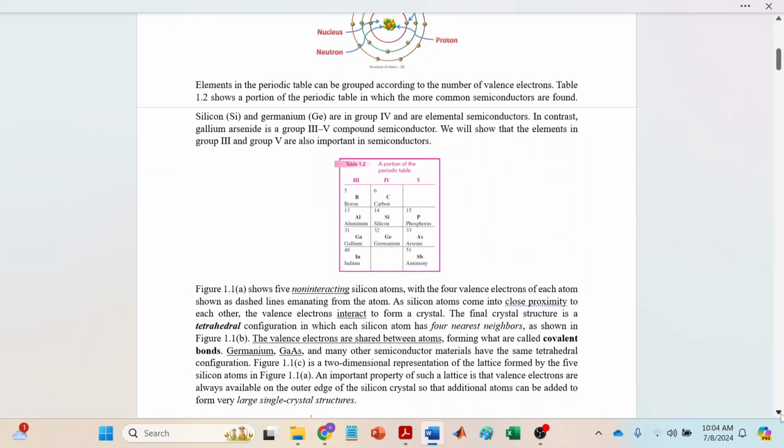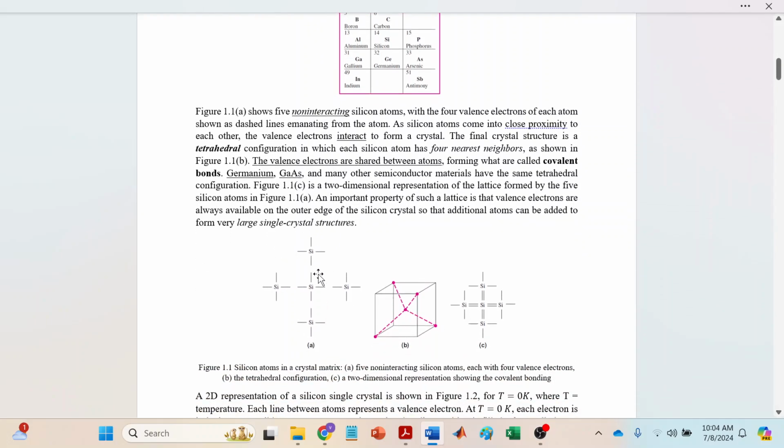So we can see the structure of a silicon atom. This figure shows 5 non-interacting silicon atoms, and as we've said before, they have 4 valence electrons. Then when these silicon atoms come in close contact with each other, the valence electrons interact to form a crystal, and the final structure is a tetrahedral configuration in which the silicon atom has 4 nearest neighbors.